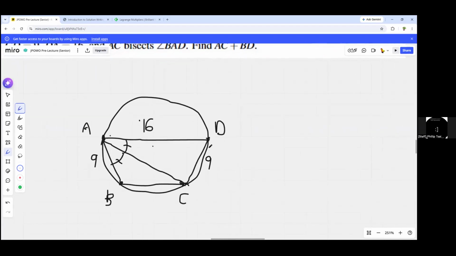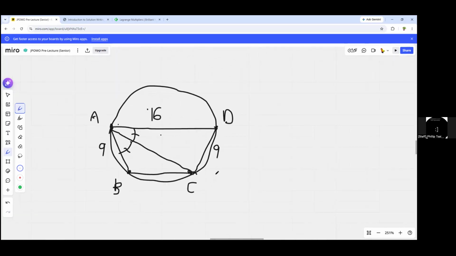Sorry, Andrew, I didn't read your message. You can use the bisected angle to find the other length. Yes, actually.